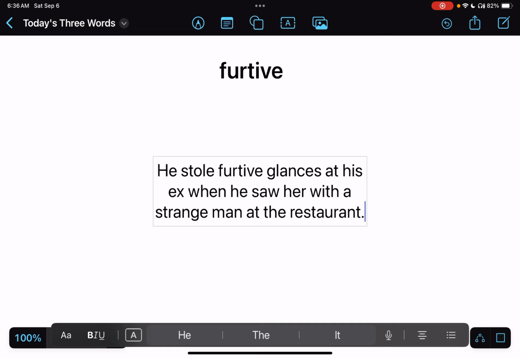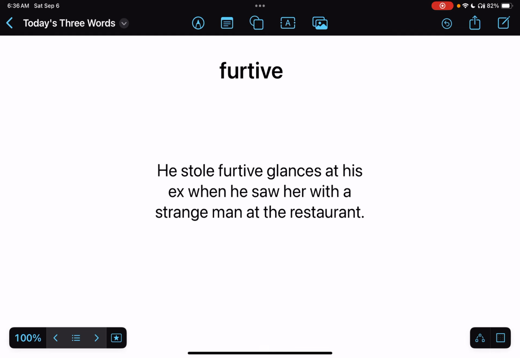So you can imagine this fellow who's gone out to eat, and he doesn't necessarily run into his ex, but he sees his ex with some man, and he's making these furtive glances.